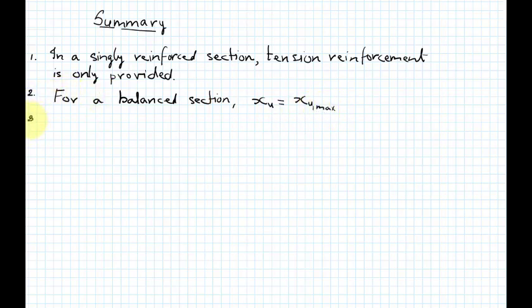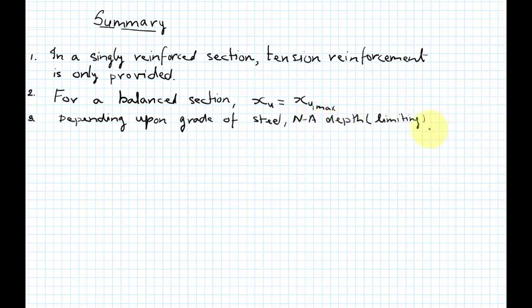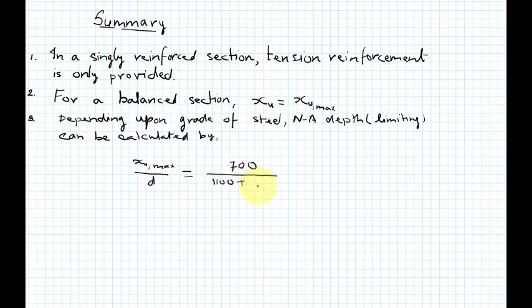Third important point, depending upon the grade of steel, the limiting or maximum neutral axis depth can be calculated by XU max by D equal to 700 divided by 1100 plus 0.87 Fy. So using this formula, depending upon the grade of steel, the limiting neutral axis depth can be calculated.